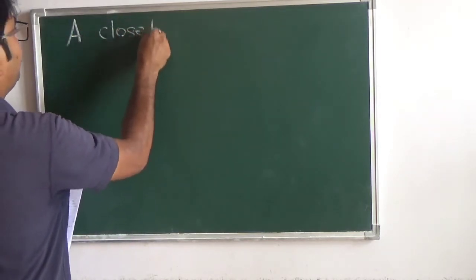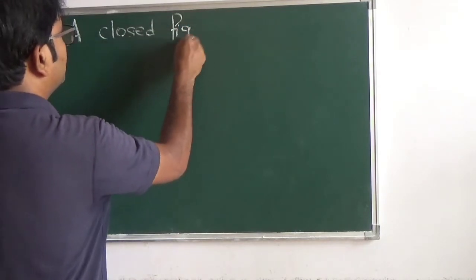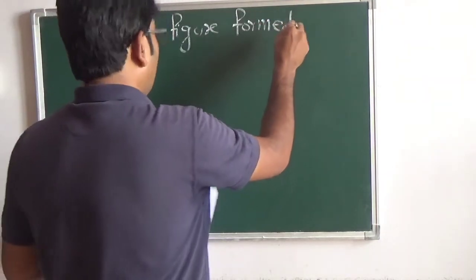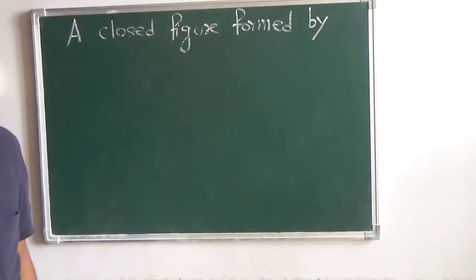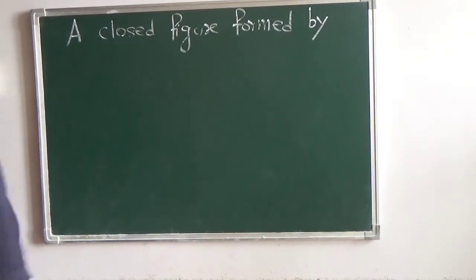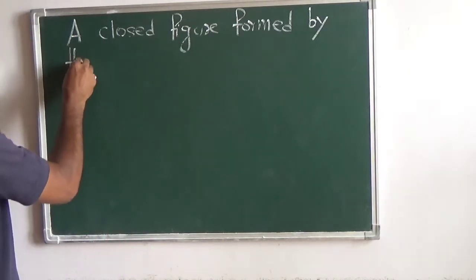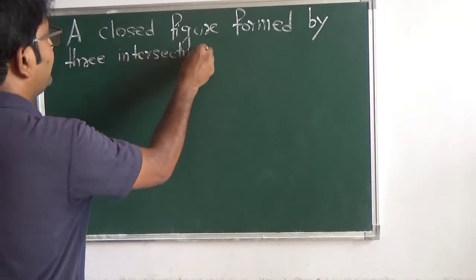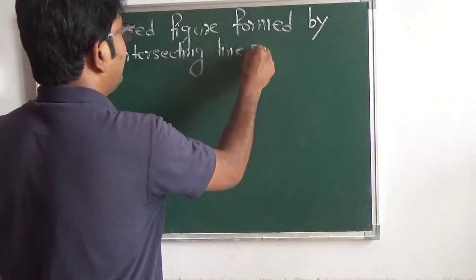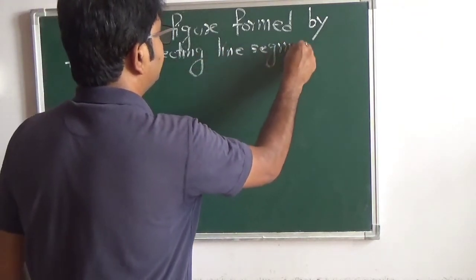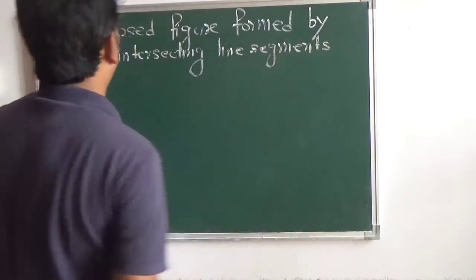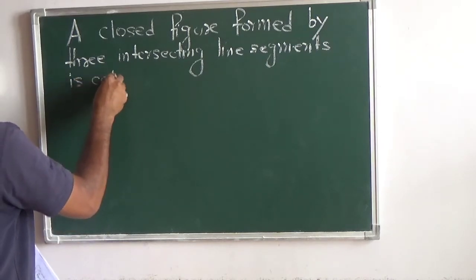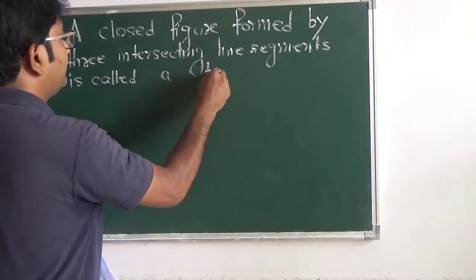A triangle, write down: a closed figure formed by three intersecting line segments. A closed figure formed by three intersecting line segments is called a triangle.